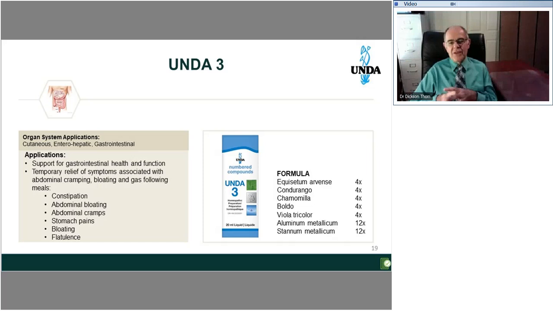So under 3, any particular problem where we see constipation, bloating, cramps, etc., anything that in your history, examination and labs you determine is probably related to something below the pyloric sphincter, this would be the UNDA number you would want to consider to support that. It's an incredibly potent remedy. It's an incredibly important remedy for children.